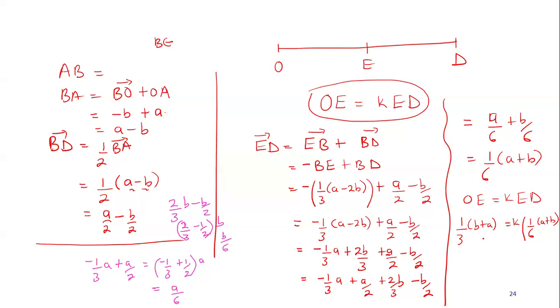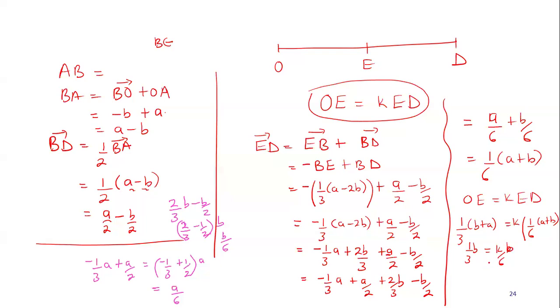Now here always feel free to find K. It is up to you. You can decide to equate the B's or the A's alone. Alternatively, you can equate at once. There is no problem. In case you want, you can say this is a third of B, and I'm equating it to this side with a vector K out of 6 of B as well.